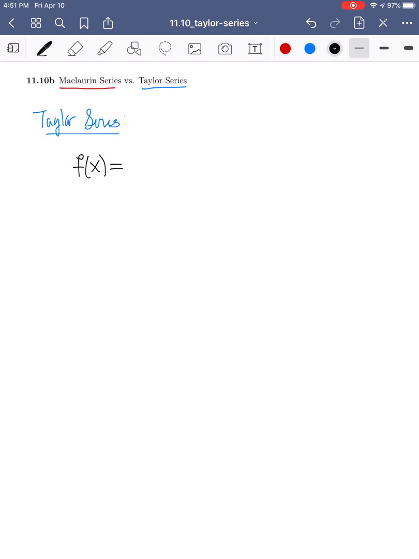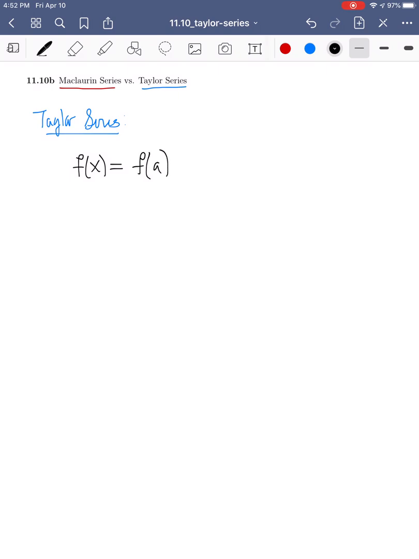And the formula or recipe we have for that is basically finding all those unknown coefficients, those c sub n's, by taking derivatives and dividing by factorials. So we found that the general form of a Taylor series for a function f of x can be written like the following.